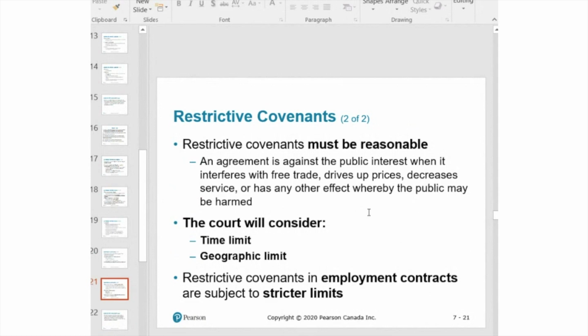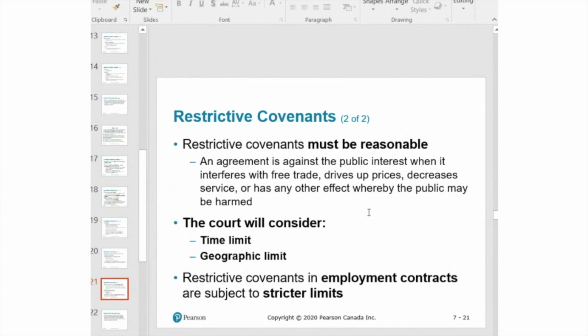So I don't want the seller to compete with me for 2 years, for 1 year. But if I have for 10 years, for life, those are not reasonable limitations. Also geographic limitation. So I don't want the seller of the pet shop to compete with me anywhere in BC. This is not reasonable for a pet shop because there are pet shops everywhere.